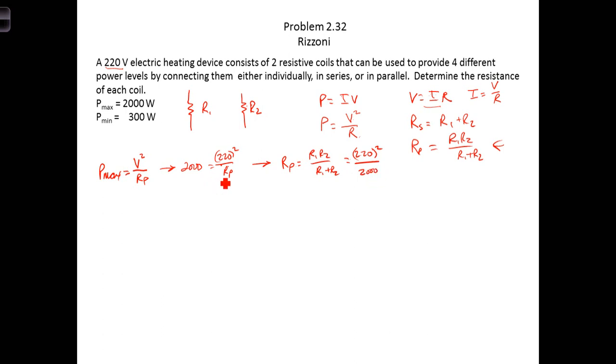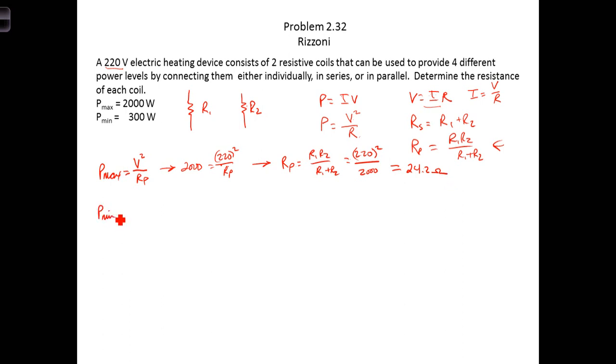And with a little help from the calculator, we find that R1 R2 over R1 plus R2 is equal to 24.2 ohms. So the parallel combination of R1 and R2 is going to equal 24.2 ohms.